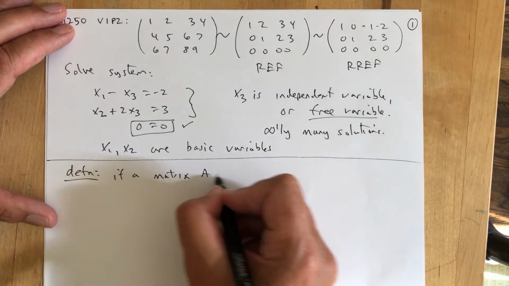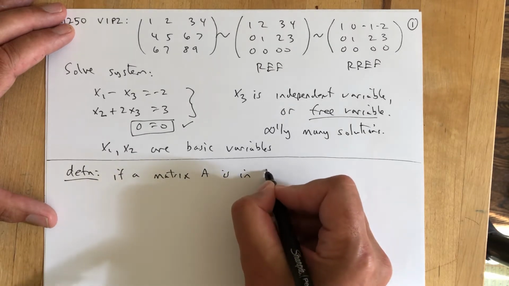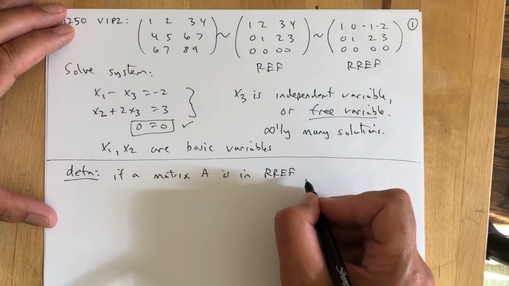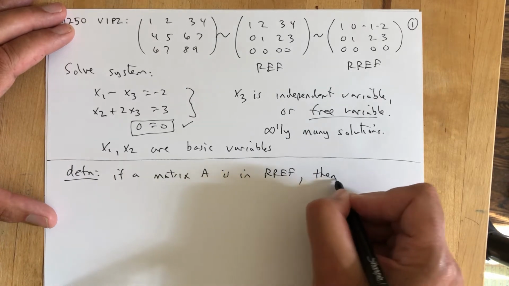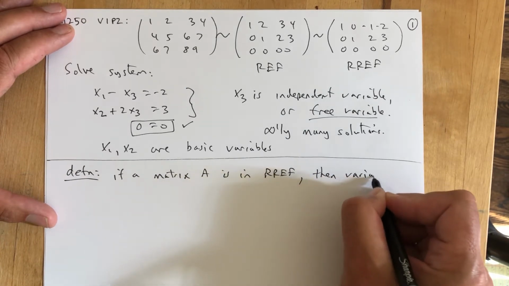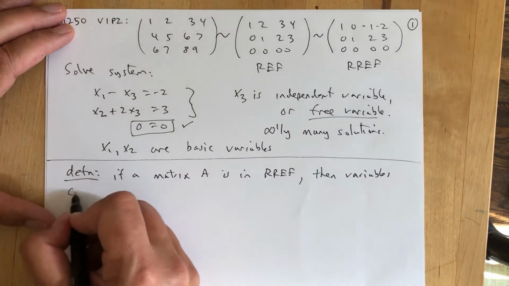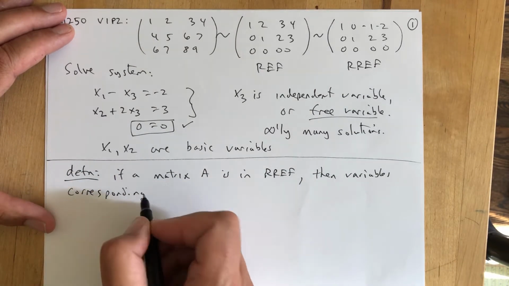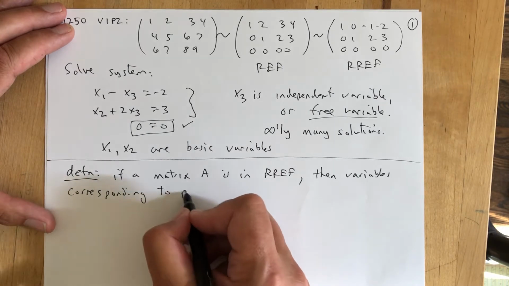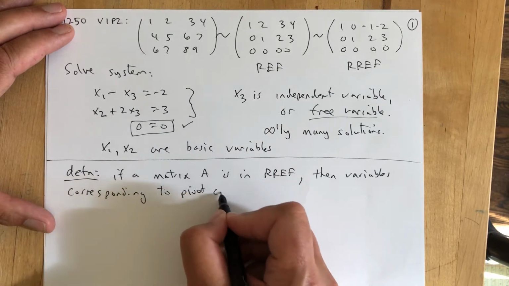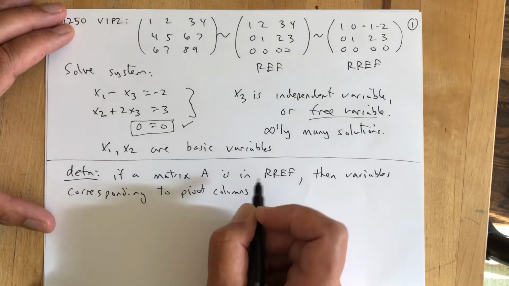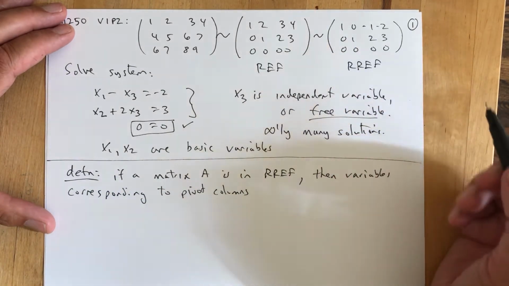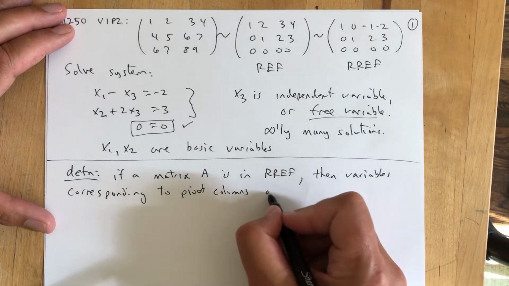So if a matrix A is in reduced row echelon form, then variables corresponding to pivot columns, like here and here, the ones with ones and zeros, are basic variables.